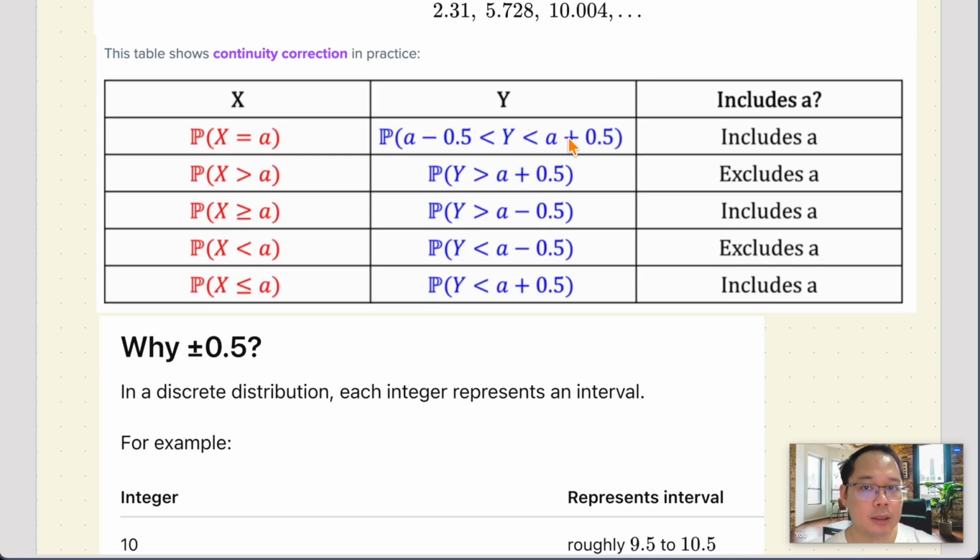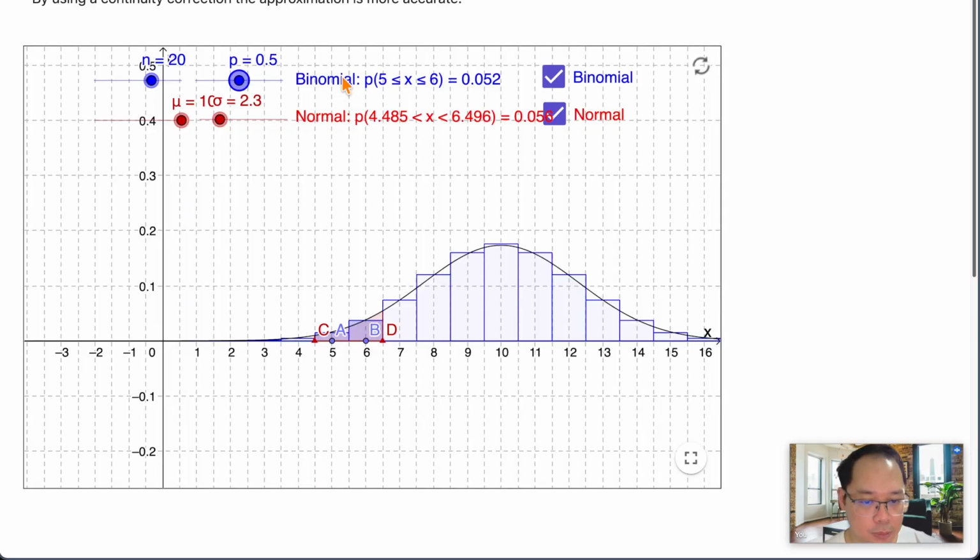Why? Let's look at the diagram here. For example, we want to calculate the probability of getting the value 9 here, and you can see that the height of this column is about 0.15. Okay, so for the normal distribution, I need to cover that column.